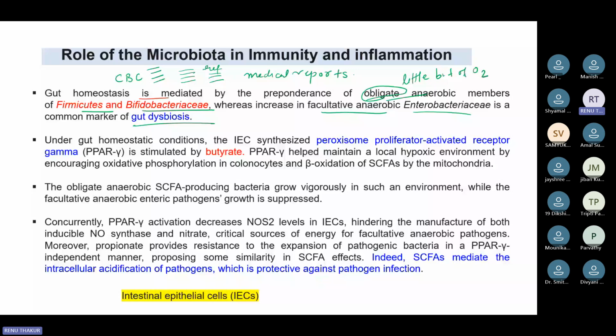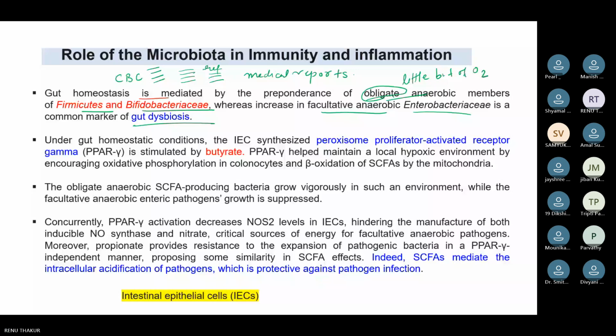What is PPAR gamma? Peroxisome proliferator-activated receptor gamma. Your body will then start synthesizing the short chain fatty acid butyrate. This is the condition when your gut is healthy.